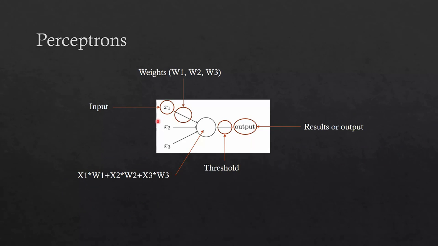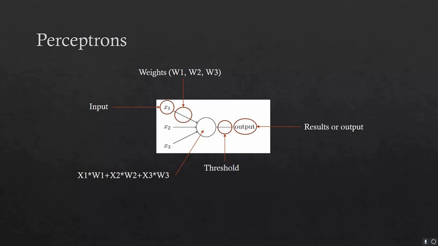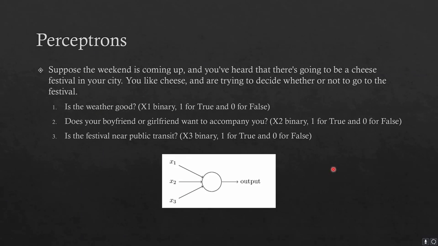Now if we do the same thing we did before, we have here the equation that represents our decision making, the multiplication and addition function, and these parameters. x1 is 1, which means the weather is good. x2 is 0, which means your boyfriend or girlfriend doesn't want to go with you. And x3 is 0, which means the festival is not close to you.